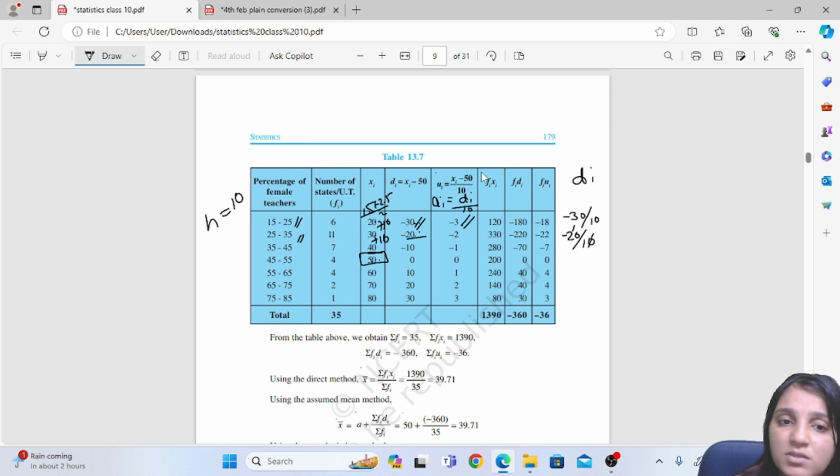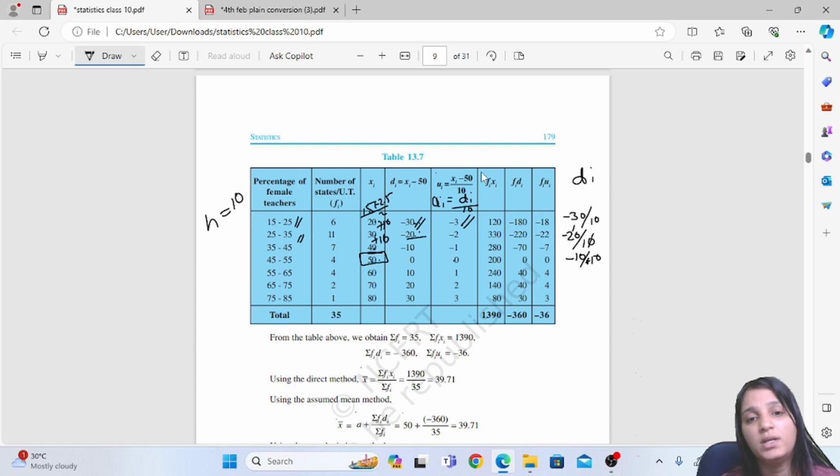Third one is minus 10 upon 10, which is minus 1. Then 0 upon 10 is 0. 10 upon 10 is 1, 20 upon 10 is 2 and 30 upon 10 is 3.